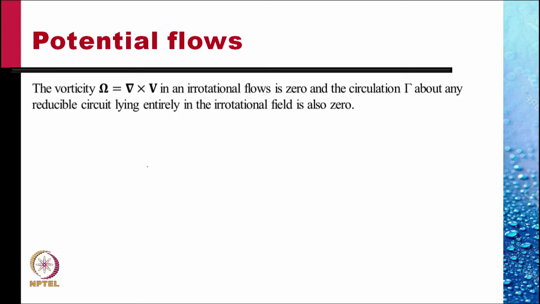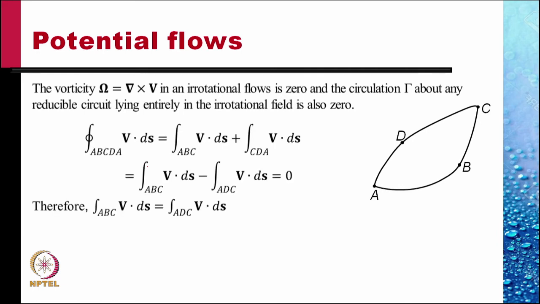The vorticity omega, which is the curl of V, in an irrotational flow is 0, and the circulation gamma about any reducible circuit lying entirely in the irrotational field is also 0. Let us consider a circuit as shown.